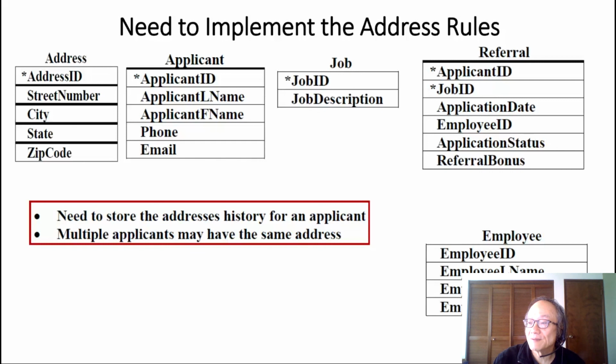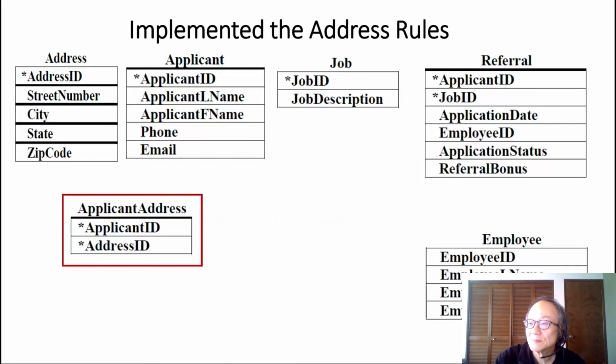The best way to implement these rules is to create a new associative entity between address and applicant. We did just that. We created a new associative entity named applicant address.